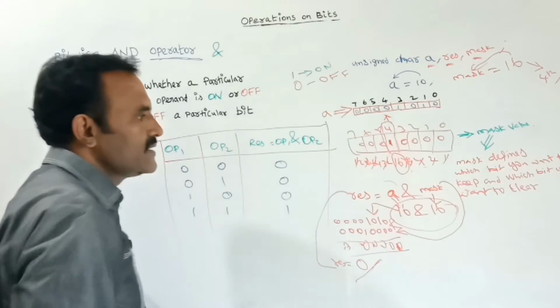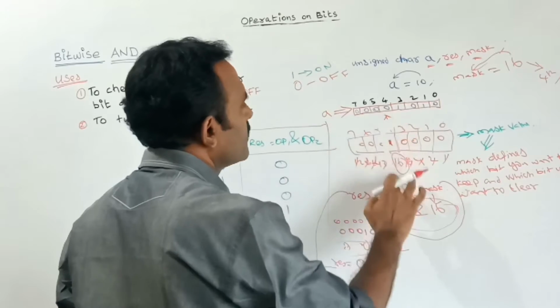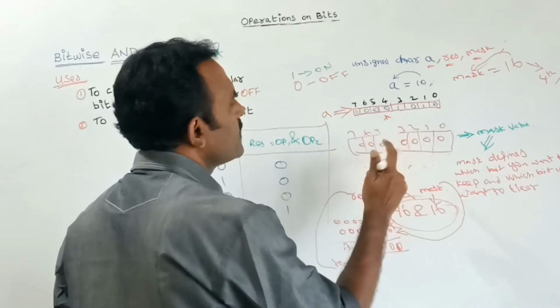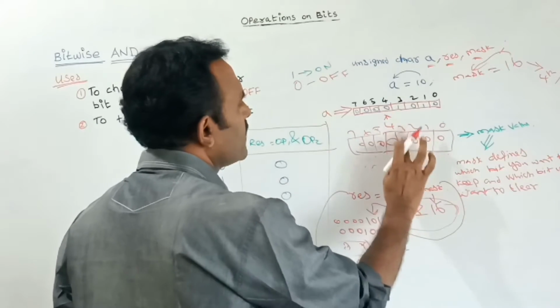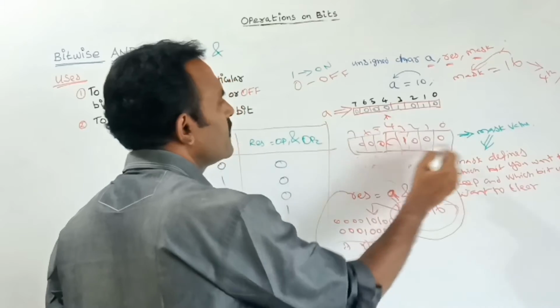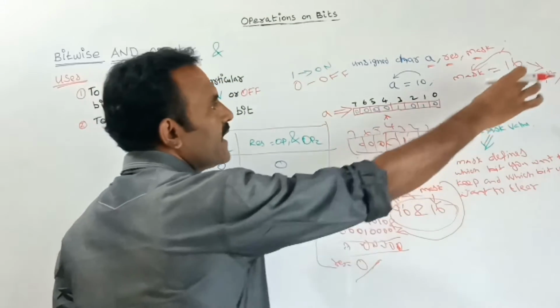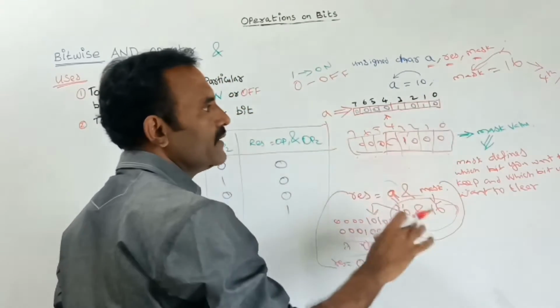Suppose I want to find the third position, how can we create the mask value? For this third position we should apply 1, remaining every bit value is 0. So we can't directly give this binary value. Instead of that, we should give only the decimal value.